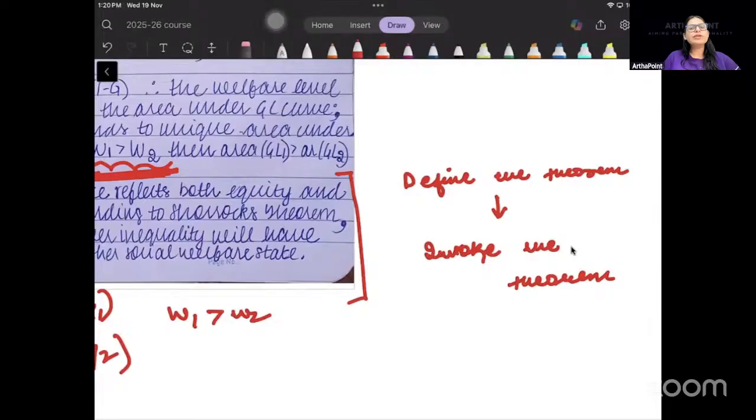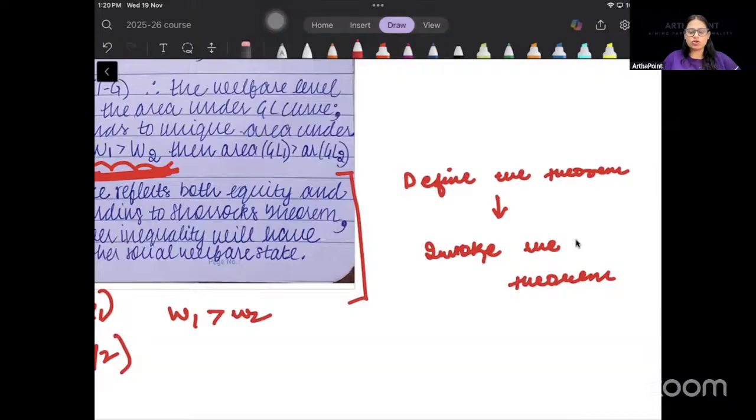You should not use the theorem unless you define it, because when you are writing a paper, you don't know how well your theorem will be interpreted in the question. तो उसको हम कभी भी directly नहीं use कर सकते. We have to make sure that we first define it.